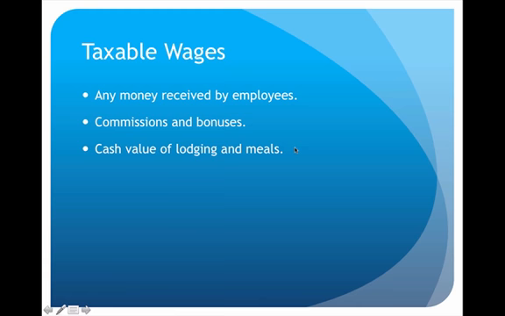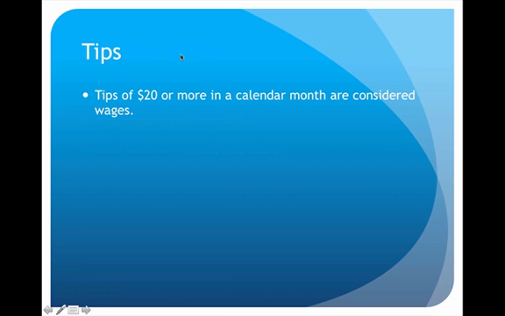So that also is included in that taxable wage base. What about tips? Well, according to the FICA laws, any tips received of $20 or more have to be included in wages. So we have to always document the number of tips that are received, so that can also be included in that taxable base.